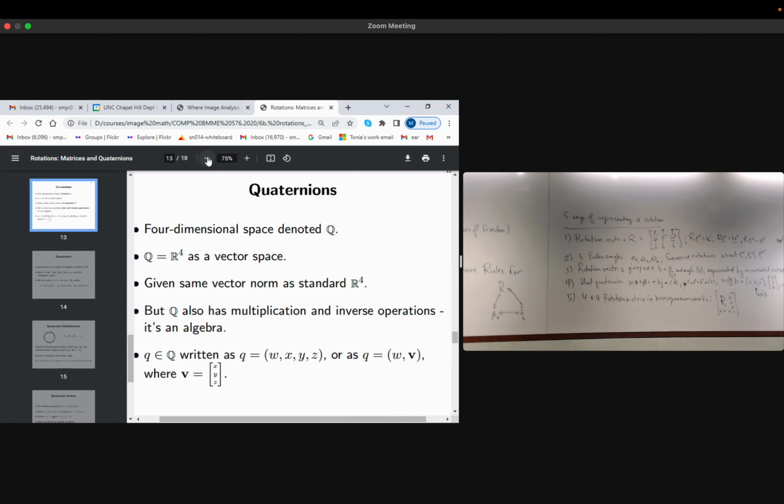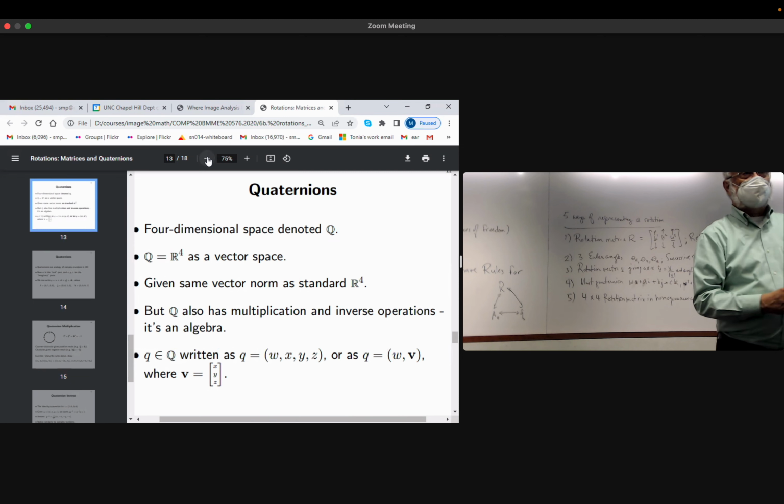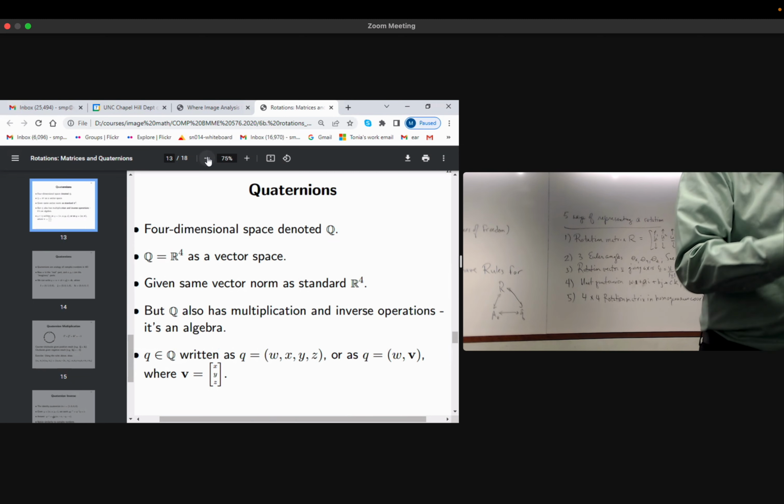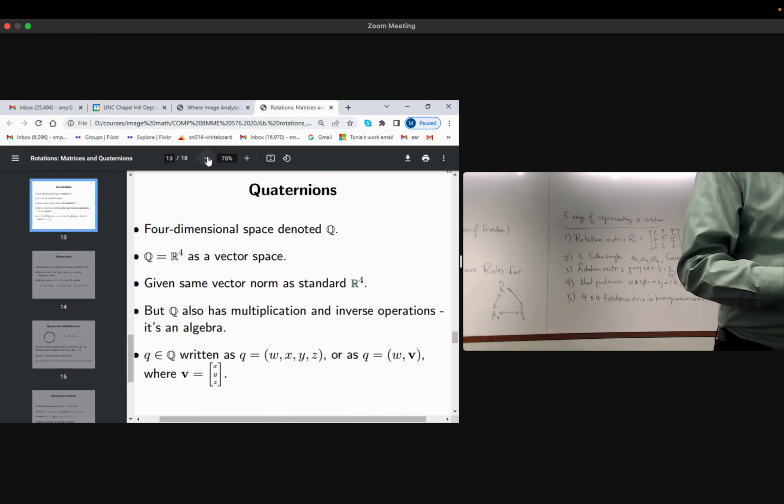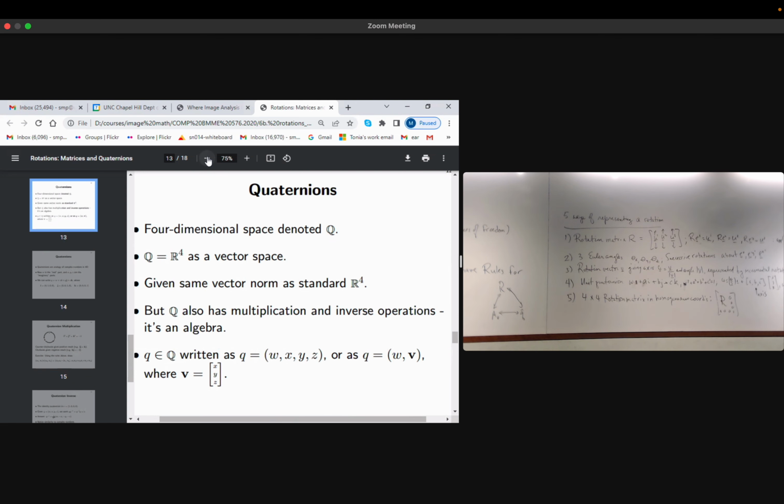You can think of it as living in R4, and it has the properties of a vector space, meaning you can add quaternions element by element and get a quaternion. You can multiply quaternions by a scalar and get a quaternion.